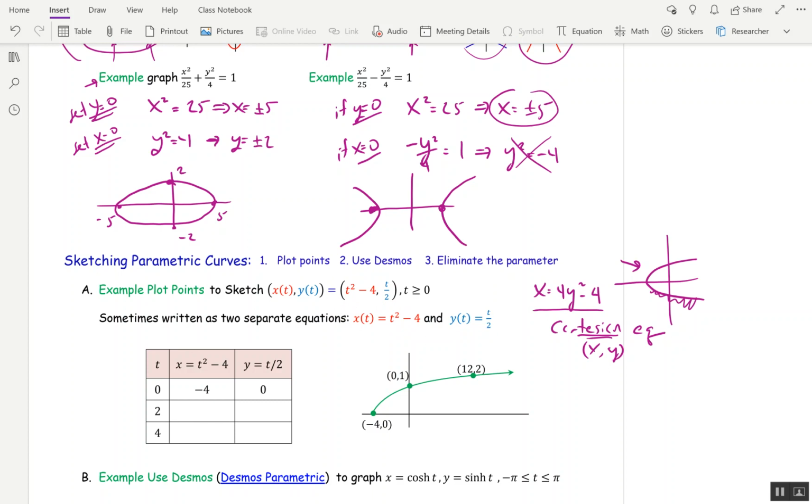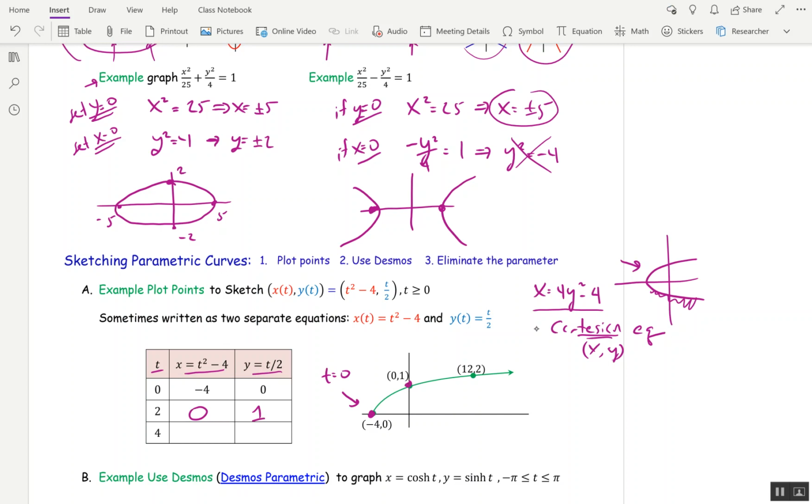All right, so here I have a little table. Here's x, here's y, and here's t. If t is 0, then x is negative 4 and y is 0. So that's right here. This corresponds to t equals 0. That's my starting point. And then if t is maybe 2, then x would be 0 and y would be 1.